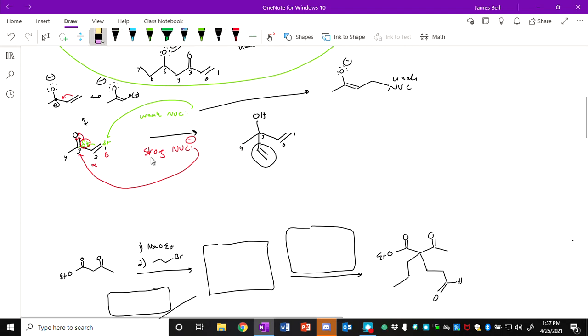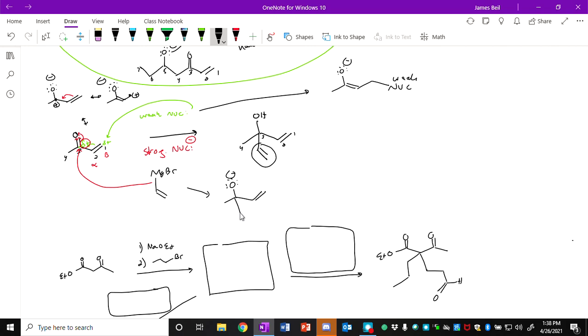So the specific Grignard we would use would have the two new carbons we need to add connected to a magnesium. And that should readily attack the carbon with a greater partial positive, which will initially produce a negatively charged intermediate that's not stabilized by resonance.